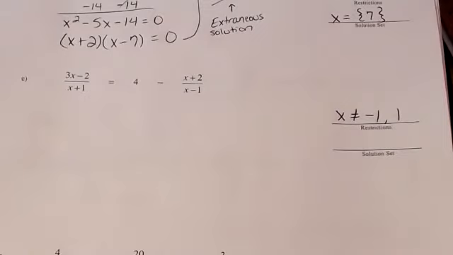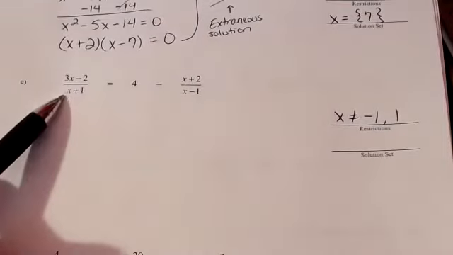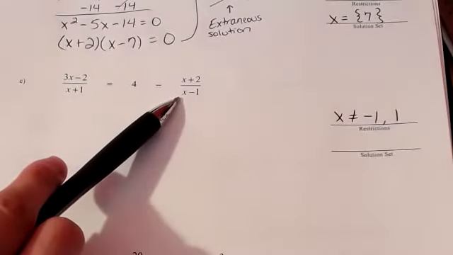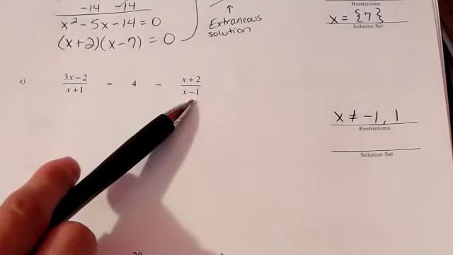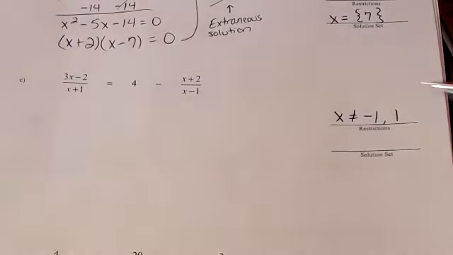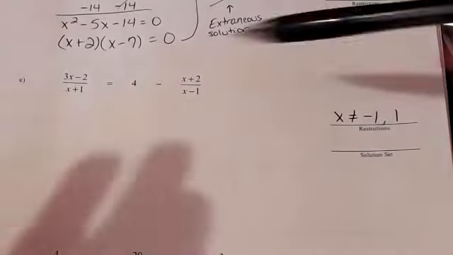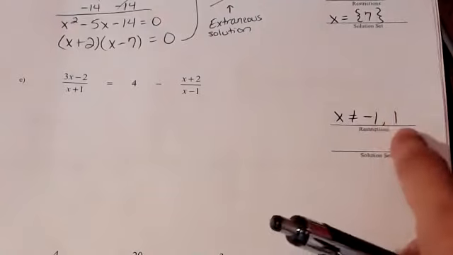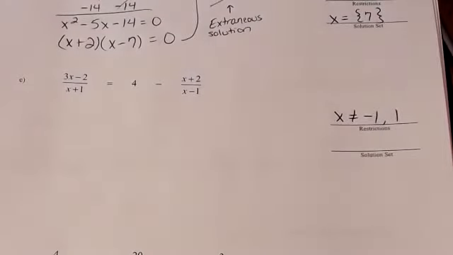Beautiful. You're absolutely correct. If x were a negative 1 in this case, boom, we have a 0. That's a huge problem. If x were 1 in this case, we'd have a 0, and that's a problem. So you right there just figured out what your restrictions are. When we go ahead and solve, if any of our answers are -1 or 1, we got to throw them out because we cannot have them as a solution. Okay, good, very good.